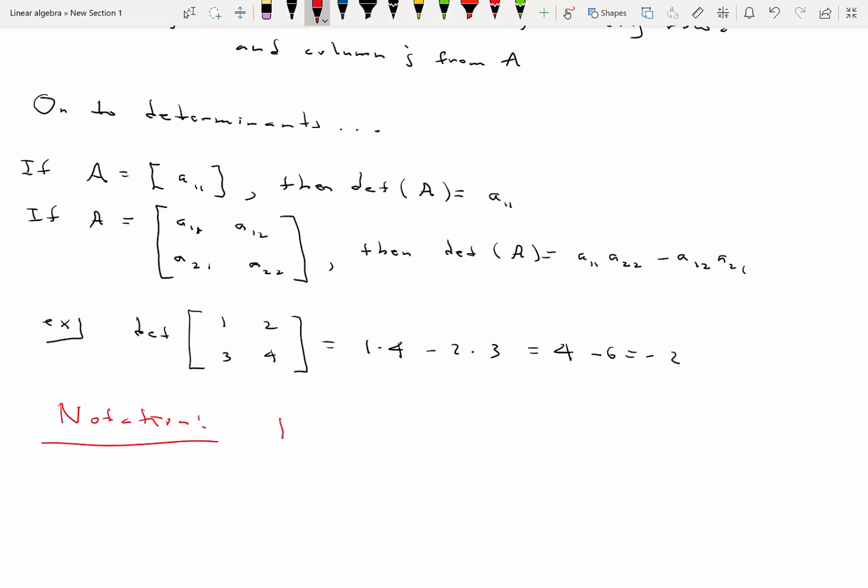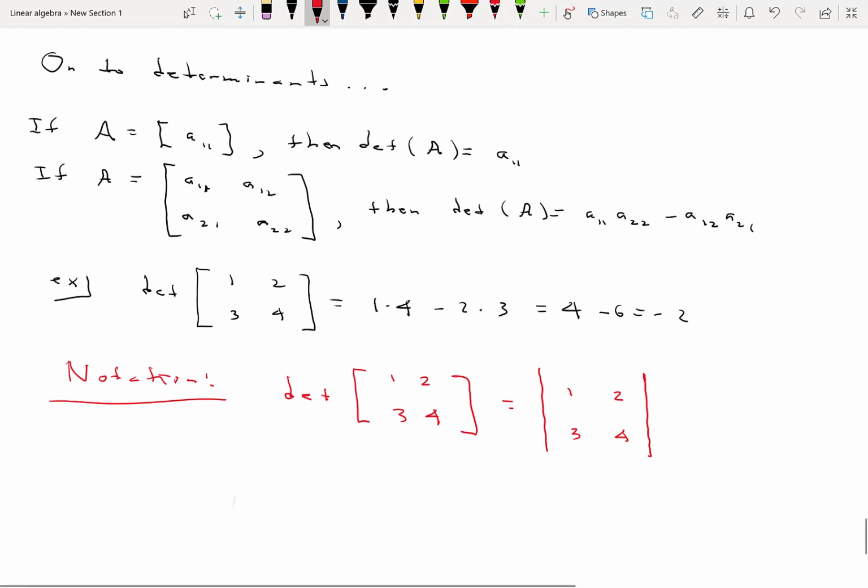Instead of writing det of 1, 2, 3, 4, we can write sort of like extended absolute value signs, with the matrix entries without the brackets. So putting the matrix between two absolute value signs and removing the brackets is another way of writing the determinant. We'll go back and forth between notations, and you can too.